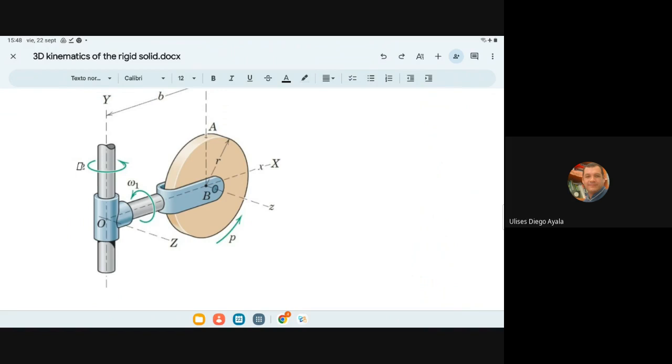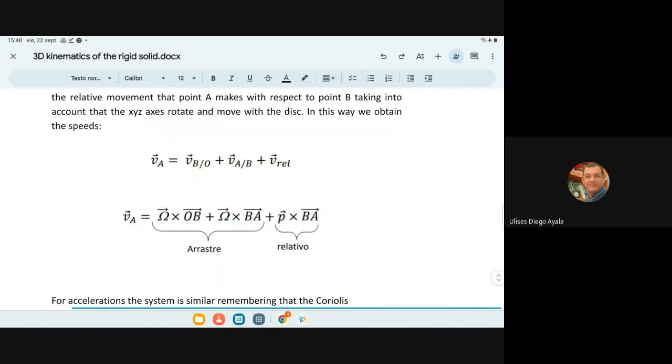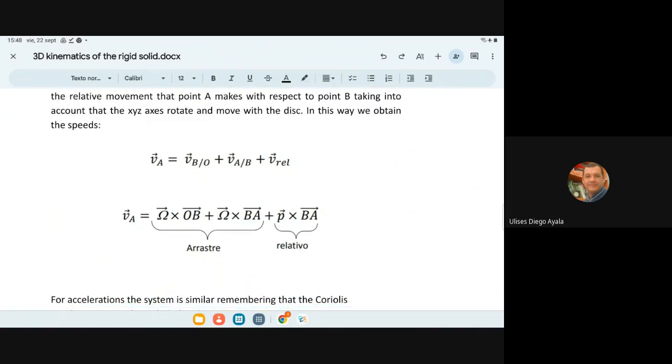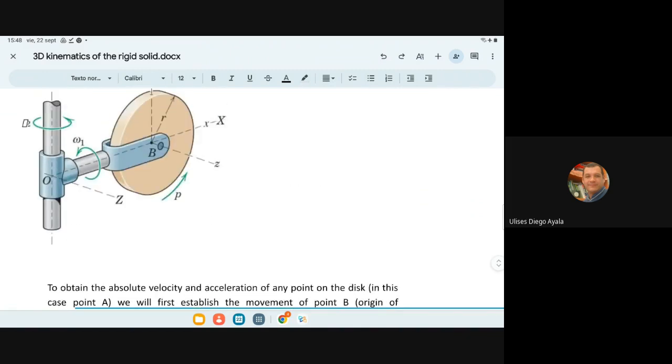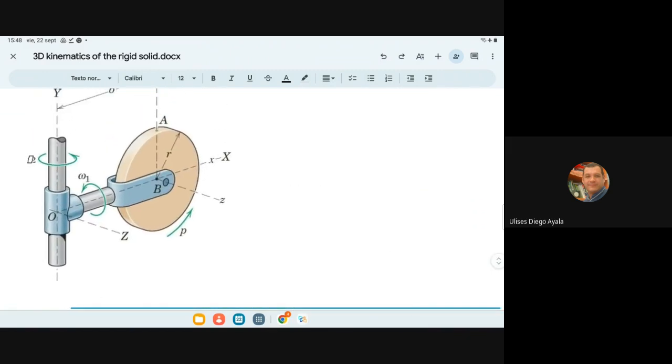And then you need to consider the velocity for the arrastre and the velocity for the relative. The relative is the one that doesn't rotate. If you see, it's P, and you see, it's vector BA. So it's one that is not rotating with regard to this one.